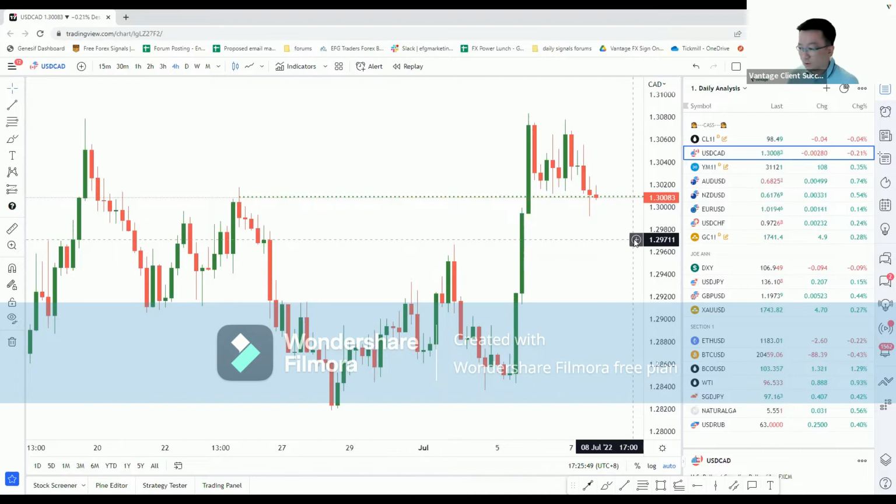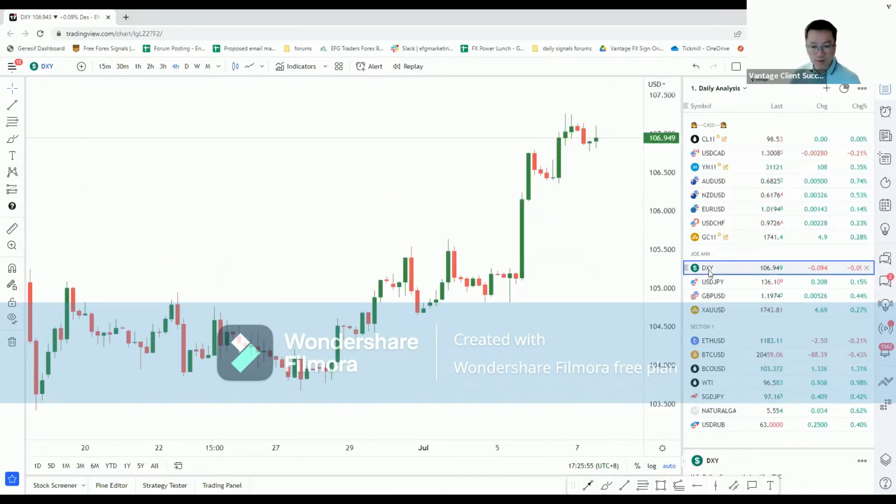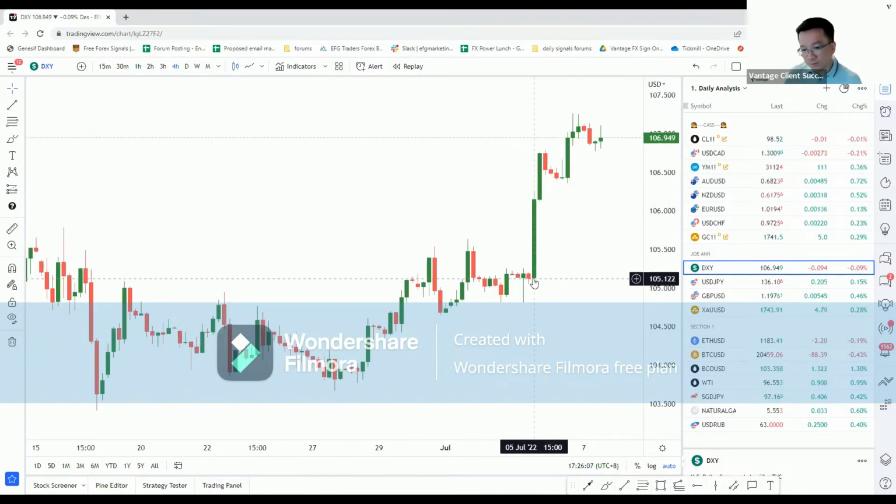Before we look at the New Zealand yen, let's look at the dollar index as well. What has happened over the last couple of days was that the dollar index shot up from this 105 level all the way, it actually hit 107, before tracking back down again.